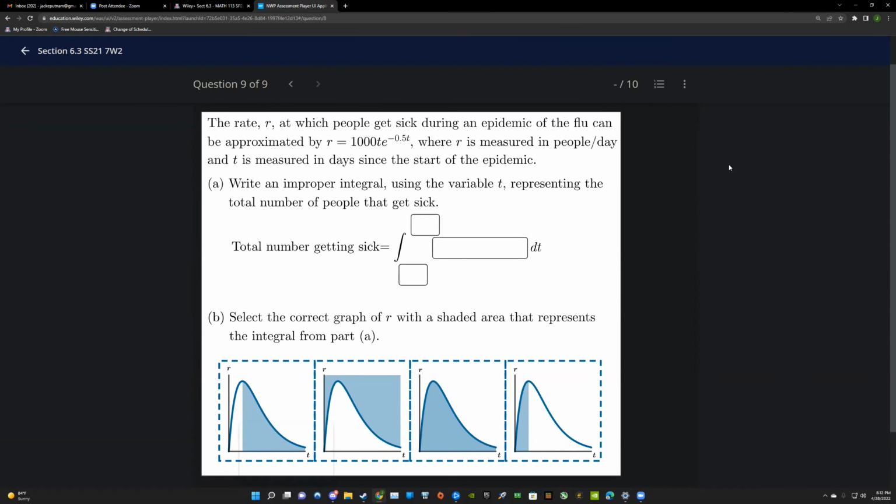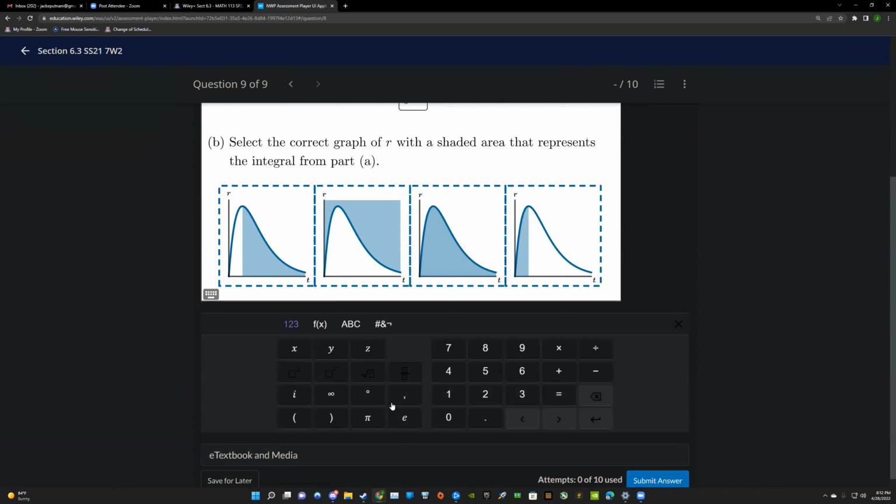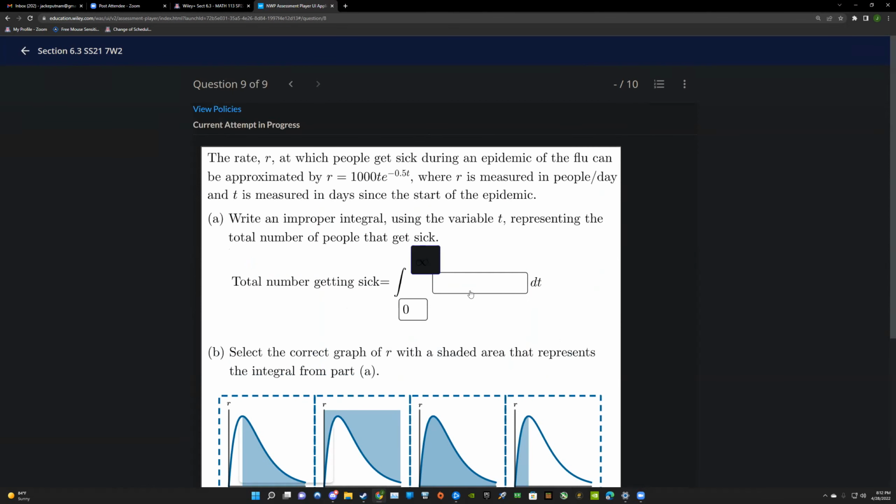Okay, so the total number of people that get sick is you start at 0. And then how far do we go? So I guess infinity is the top bound. I don't know if you've got an option to enter that in. Let's see. Okay, it's in there.